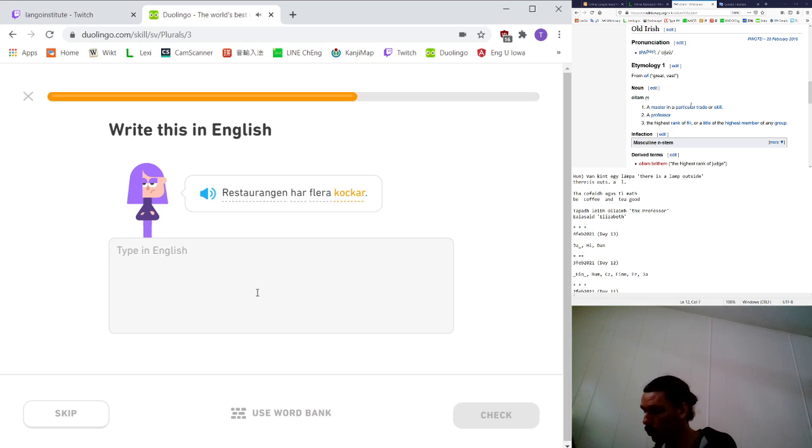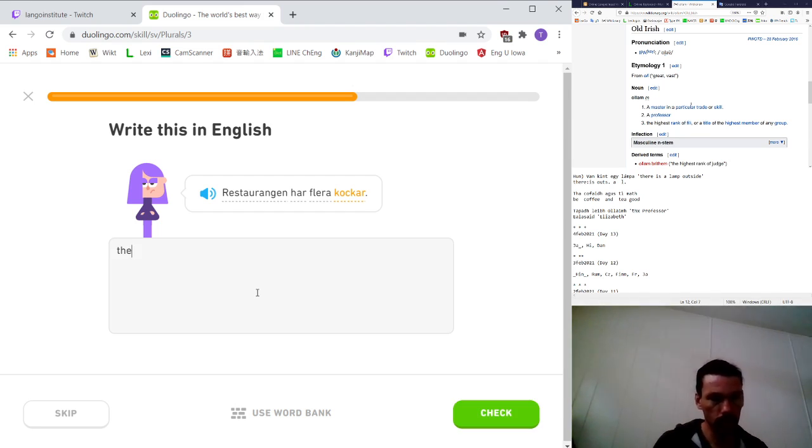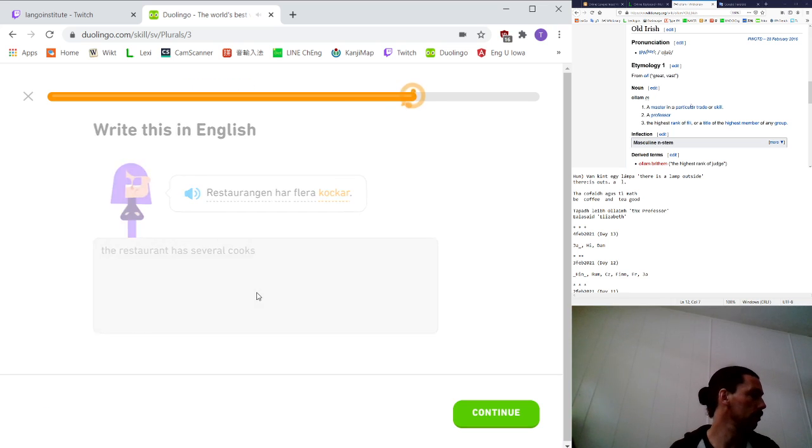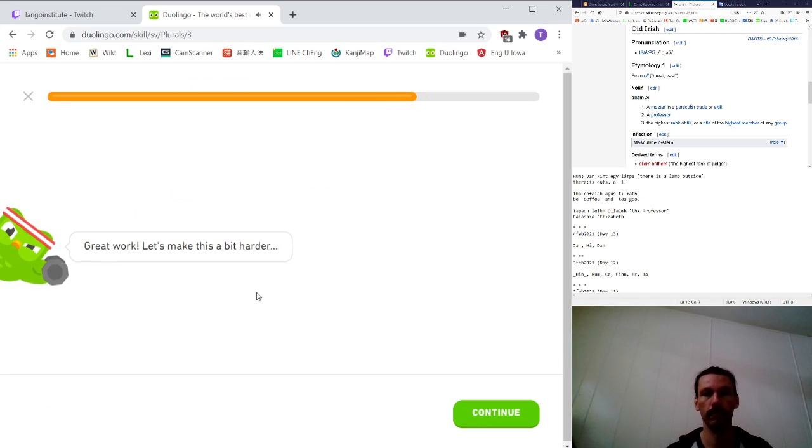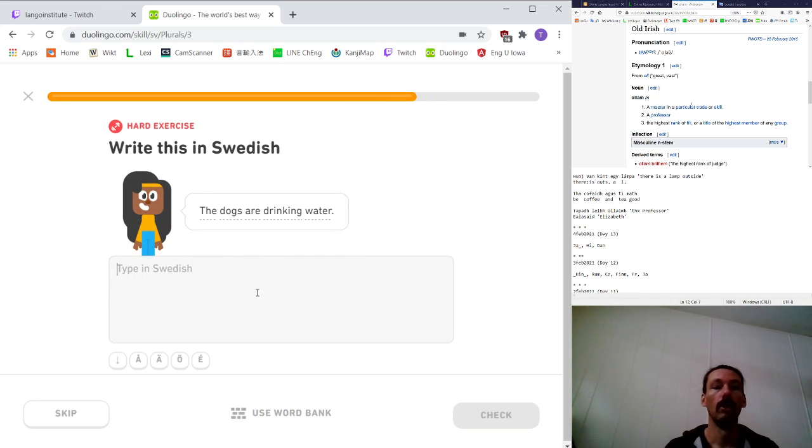Restaurangen har flera kockar. The restaurant has several cooks. Hundarna dricker vatten.